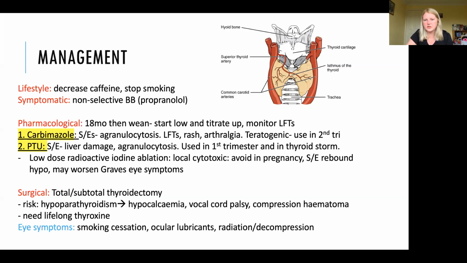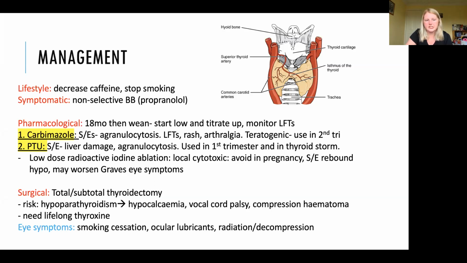Pharmacological management is quite common, so carbimazole and propylthiouracil, or PTU, are the two agents that we have as options. As I mentioned before, agranulocytosis is a problem for both, and liver damage is a problem for PTU. For this reason, carbimazole is preferred, except in the cases of thyroid storm and in the first trimester of pregnancy.